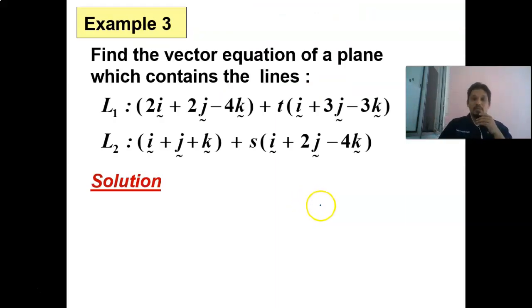Find the vector equation of a plane which contains the lines L1 and L2. Okay, so now class, just imagine that there is a line on this surface. There is a line L1 and L2.